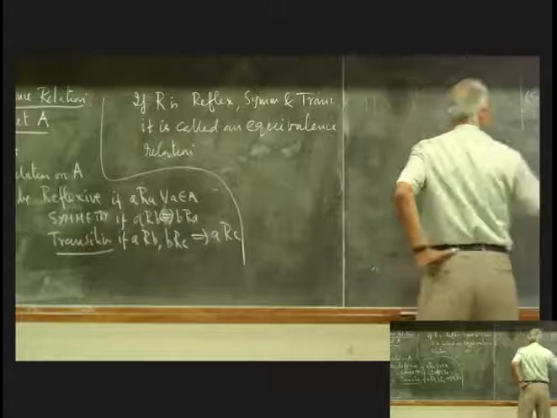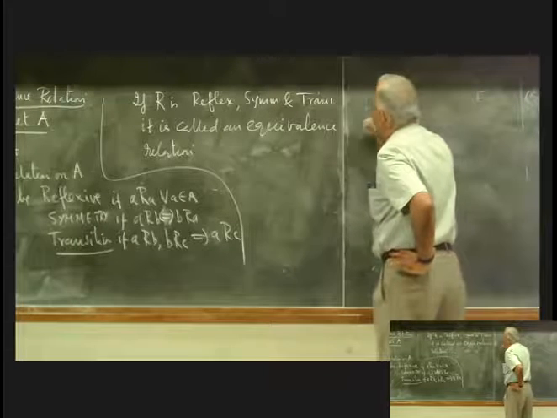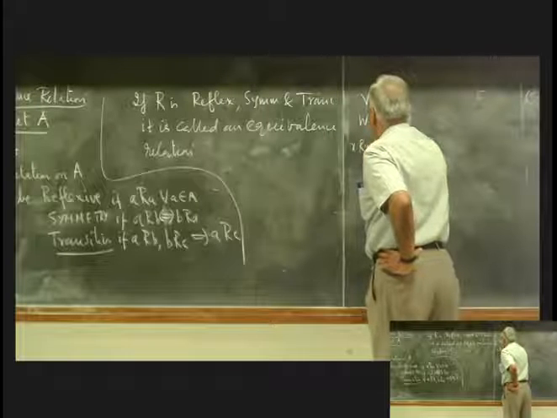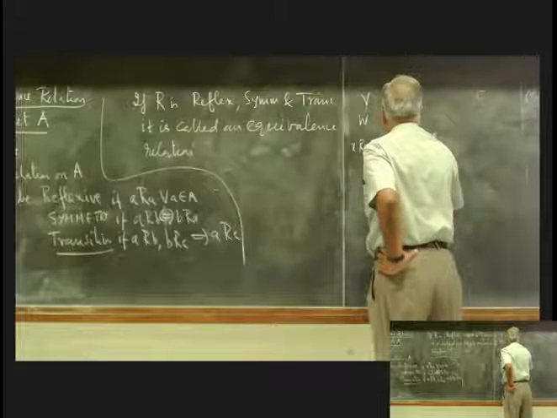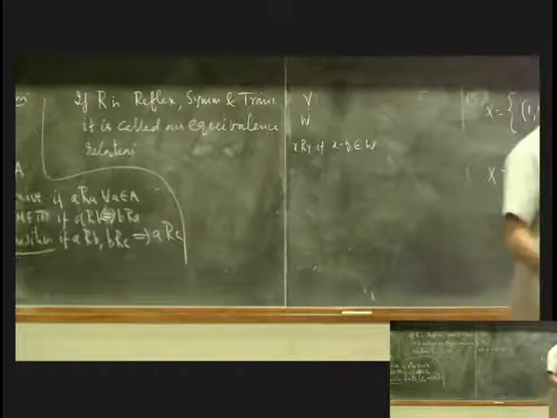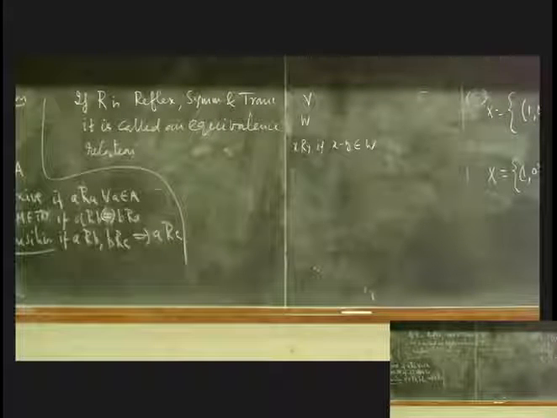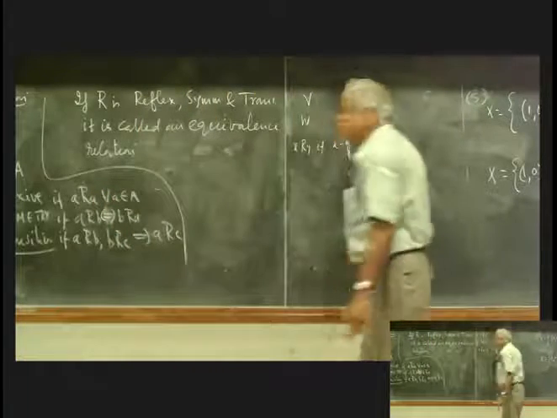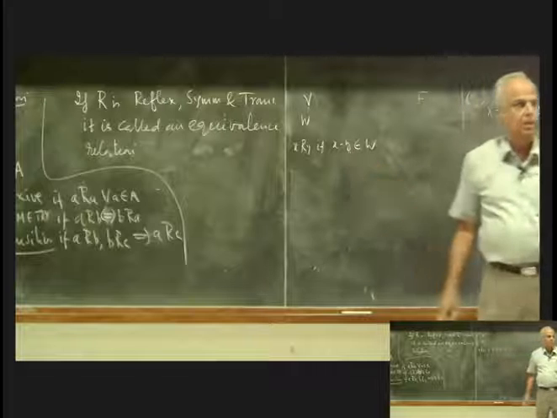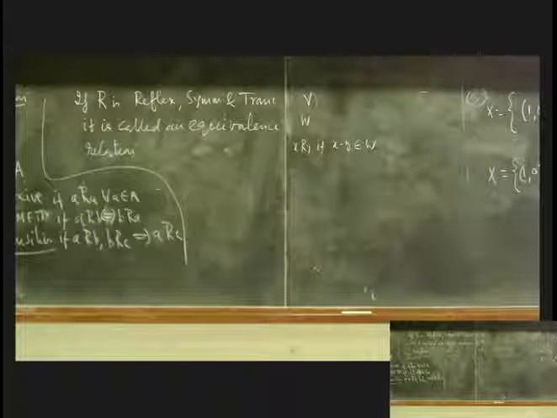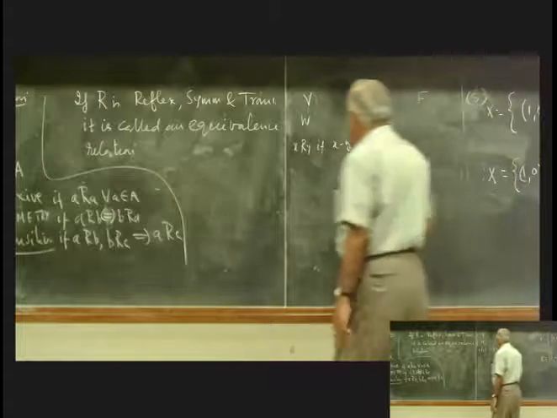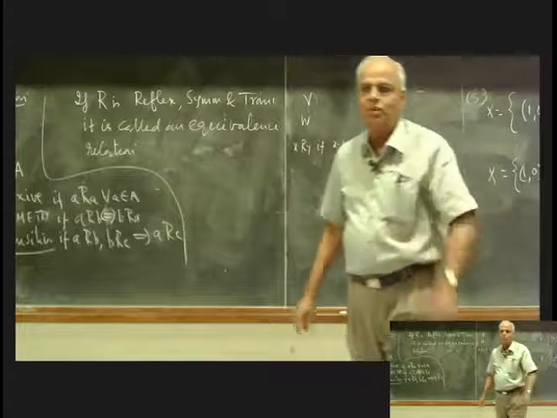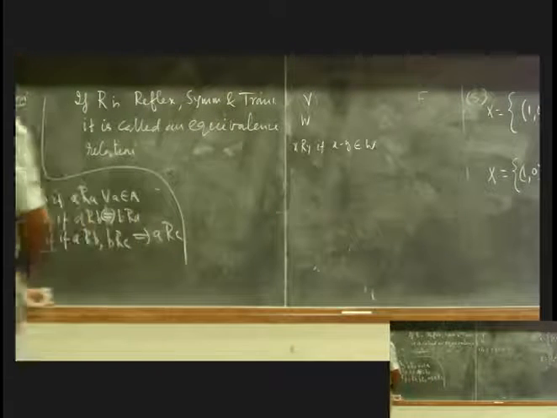Just to start, let's look at one of the examples we had: V, and we had W, and we say X is related to Y if X minus Y belongs to W. Is this relation an equivalence relation? You see that X is related to X because X minus X is the zero vector, and the zero vector belongs to every subspace. Okay, so that's fine. And then if X minus Y belongs to W, Y minus X belongs to W because W, being a subspace, is closed under scalar multiplication.